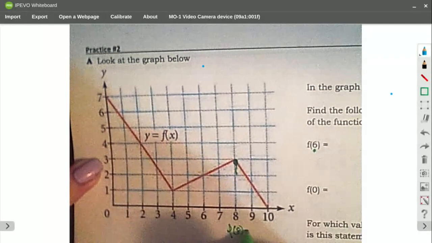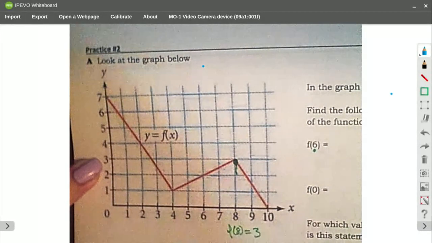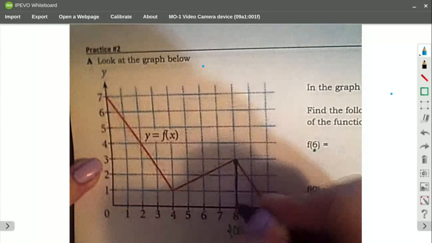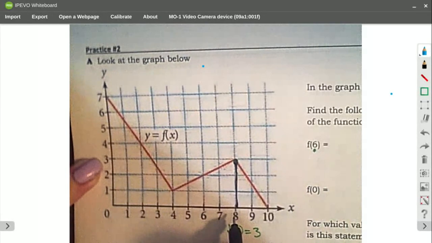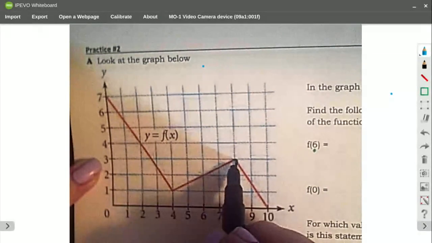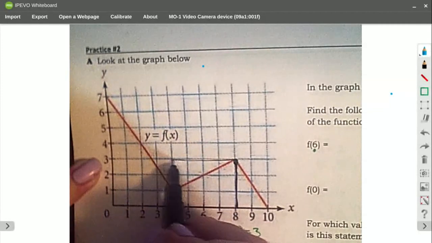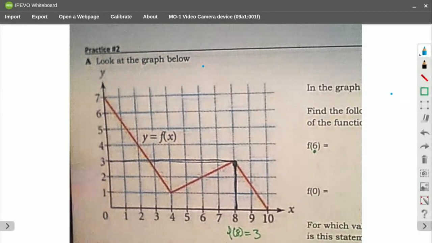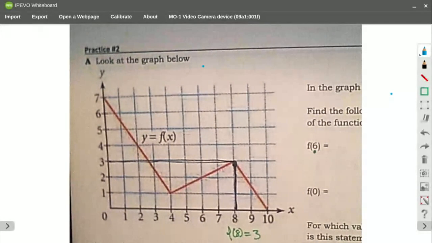So that means f of 8 is equal to 3. Right? Oh, I don't want to use red. Right here, f of 8, go over to your y-axis, and it is equal to 3, right?